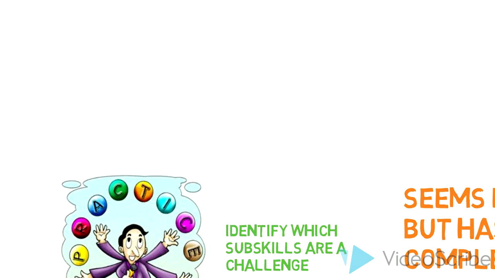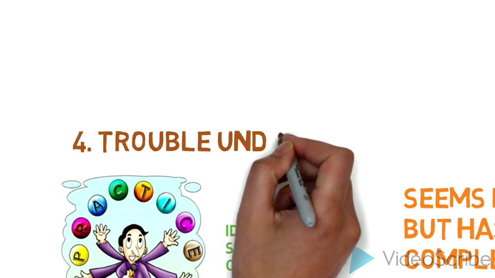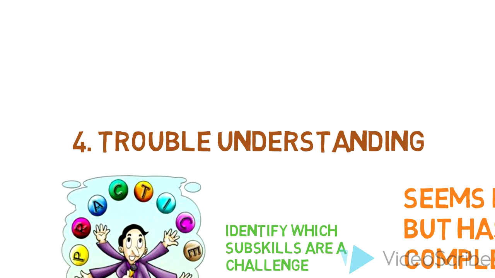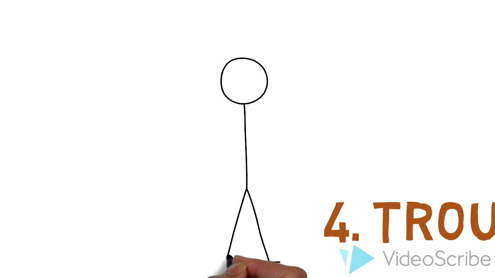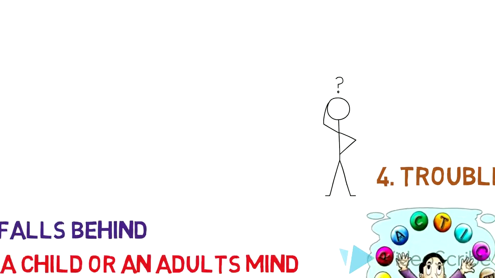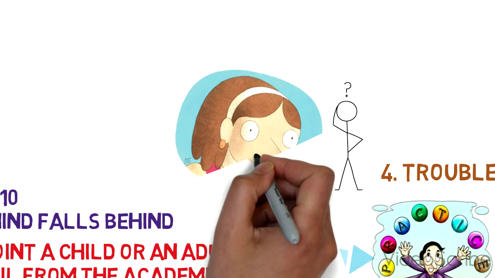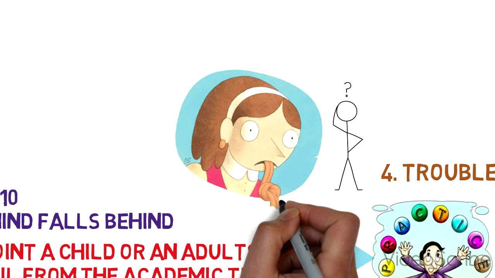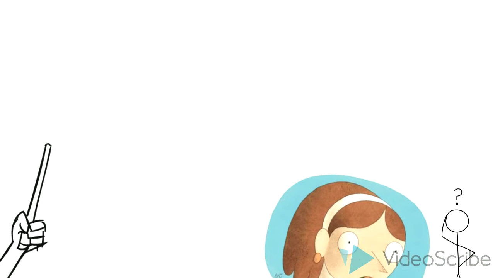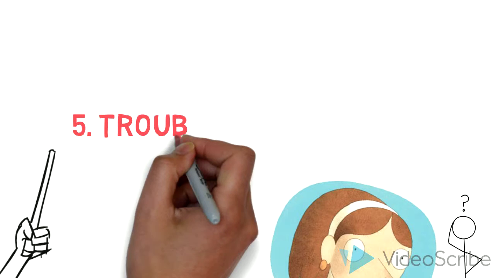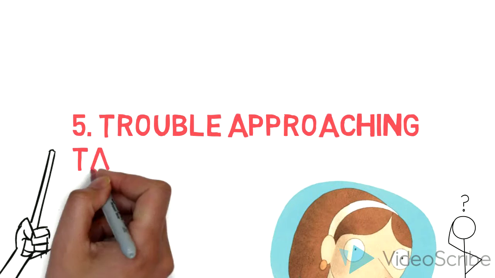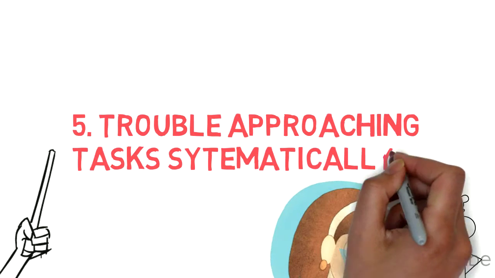The fourth learning breakdown is trouble understanding. This student might not understand the question, or understand the question and have lots of ideas, but has trouble articulating them. The fifth learning breakdown is trouble approaching tasks systematically.